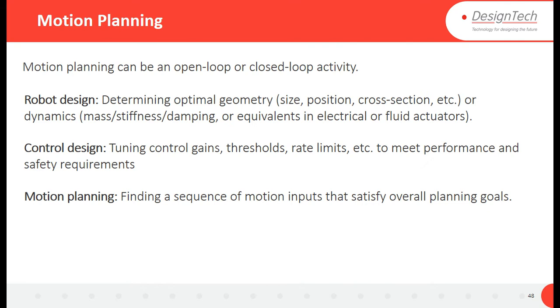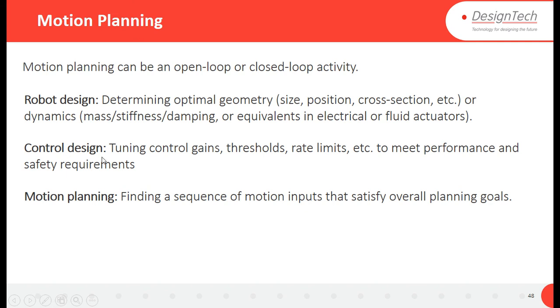Once we have designed the robot, you need to find out the optimal geometry, size, position, cross section, whatever parameters you require, and the dynamics of that, like mass, stiffness, damping, equivalents in electrical or fluid actuators. If you are using electrical or fluids, and let's say I don't want to use electrical, I want to use fluid to actuate my robots.